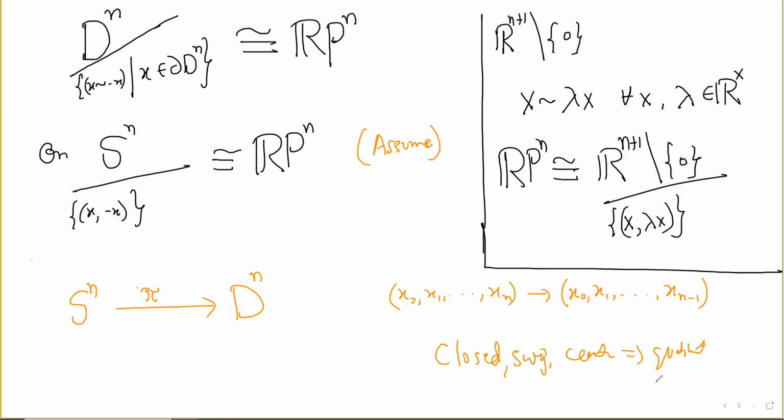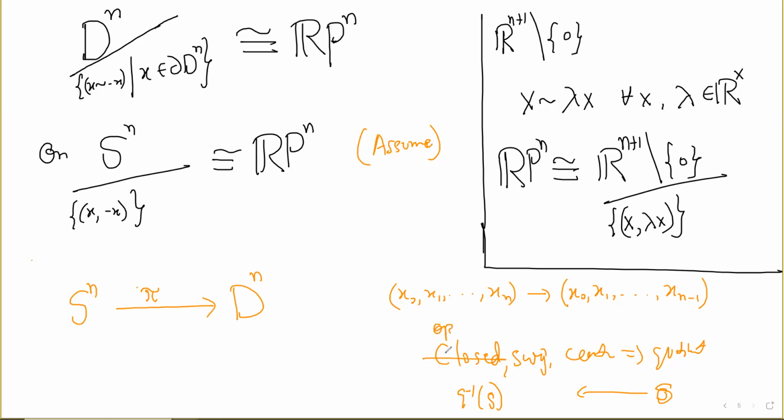Let me just verify it. If you take a set S and take Q inverse of S, and if Q inverse of S is closed, then S is closed because it's a surjective map, and so the image will be S. Open will also imply quotient.